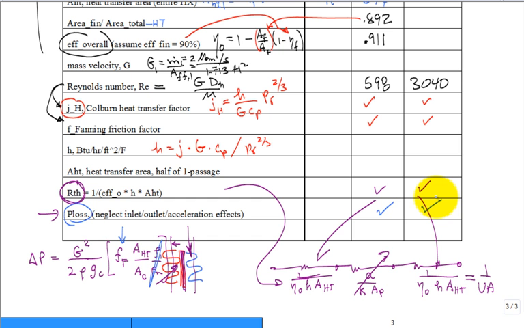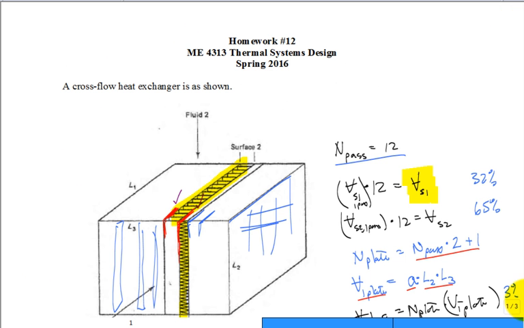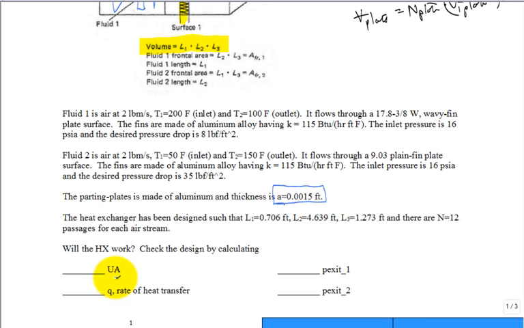There are about 5 or 6 pages of this problem, example 3.5, worked out in the textbook. All I ask you to do is go back and say to yourself, can I calculate the UA? Can I calculate the rate of heat transfer? Can I calculate the exit and inlet pressures based on those dimensions? So you relax the outlet temperature.